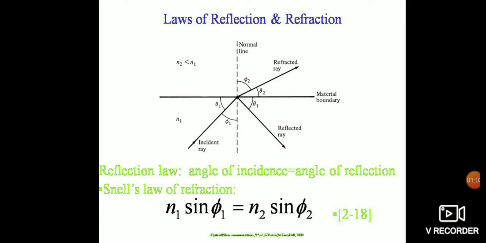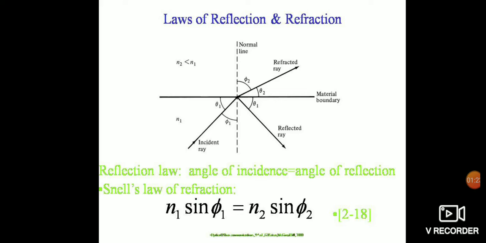Now, if you see the diagram, some of the wave is refracted at angle phi 2 with the normal line and theta 2 with the material boundary.